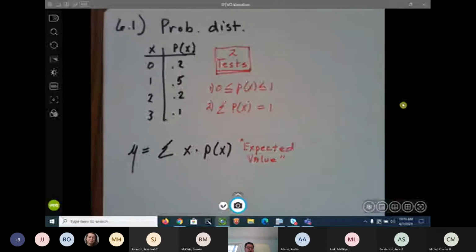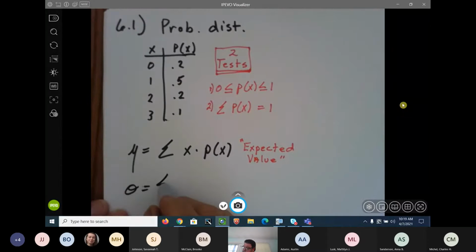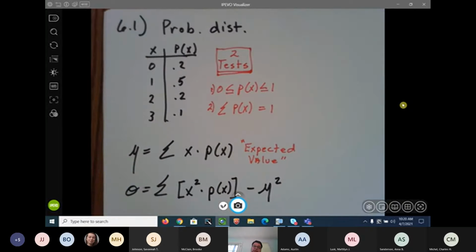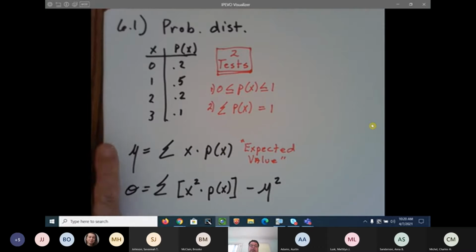And we learned how to find the standard deviation, which is the square root of the summation of x squared times p of x minus mu squared. So that's all the information that we were given in 6.1.